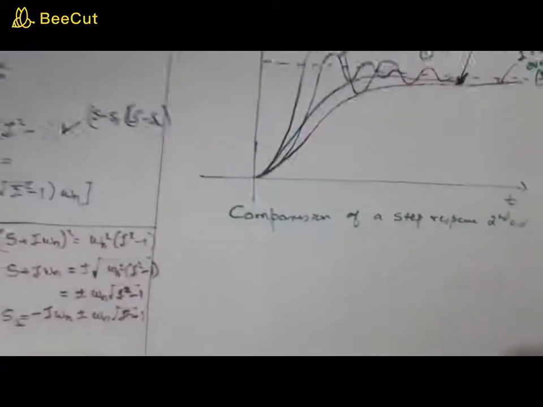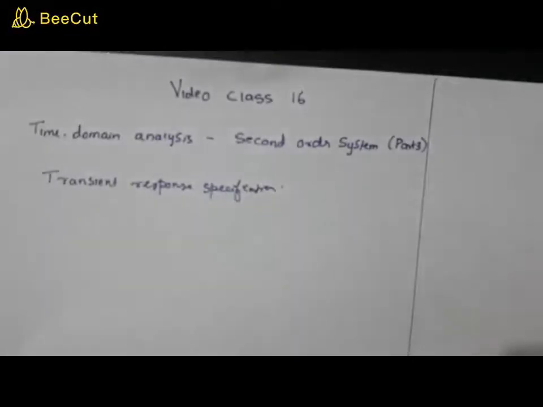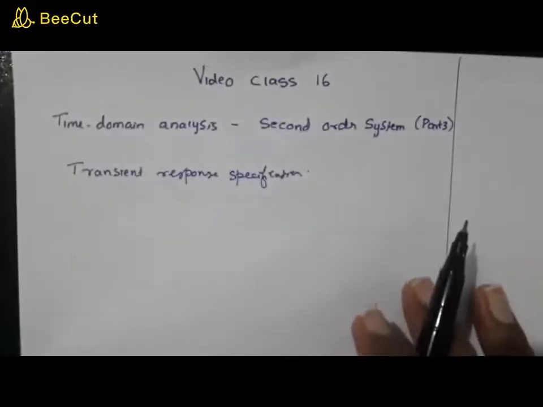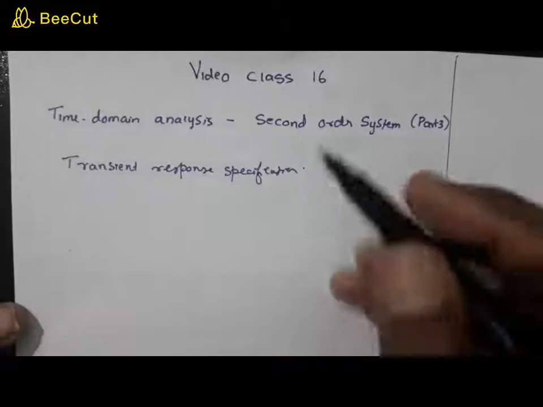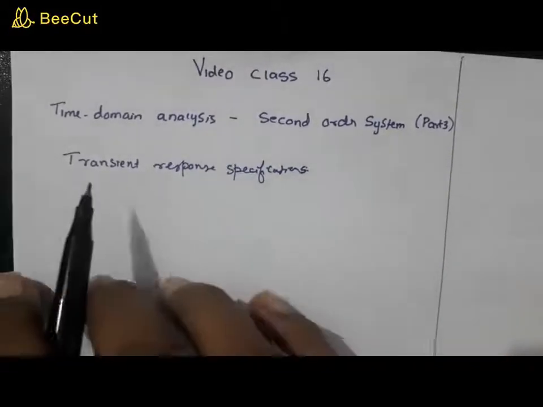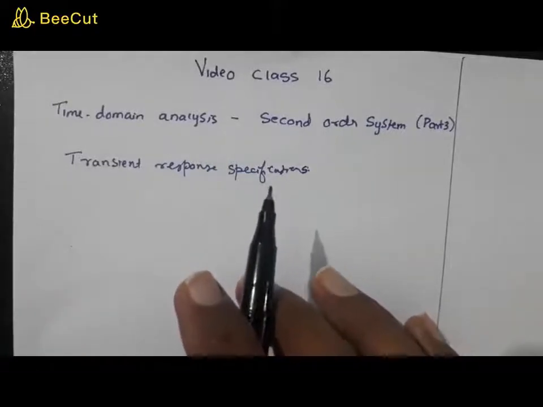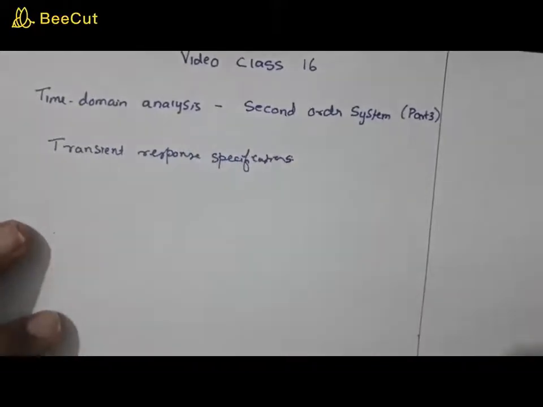That means we will be considering an underdamped system, and we'll be studying some of the transient response specifications. I'll explain what these transient response specifications are. So that's what we are going to study in this session.